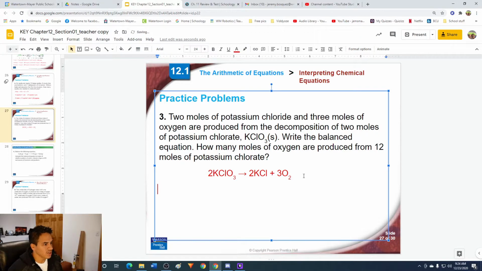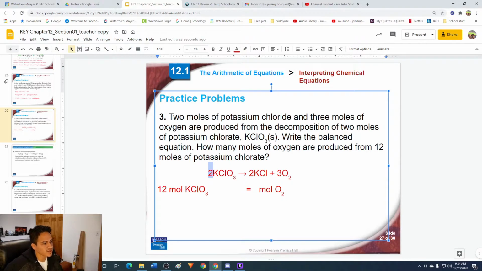Okay, now the problem is how many moles of oxygen are produced from 12 moles of potassium chlorate? So we are essentially taking 12 moles of KClO3, and they want us to tell them how many moles of O2 we can make. So to do that, we need to know what the conversion factor is between moles of potassium chlorate and moles of oxygen. And that's where the coefficients come into play.